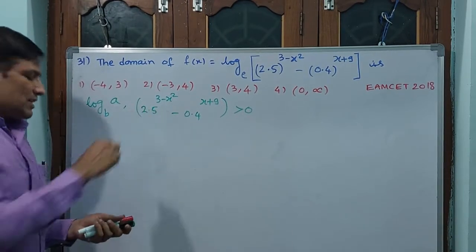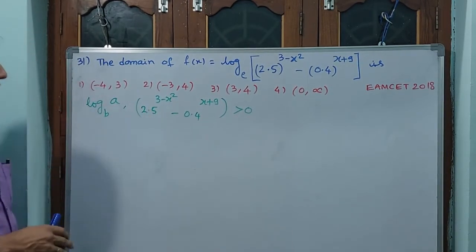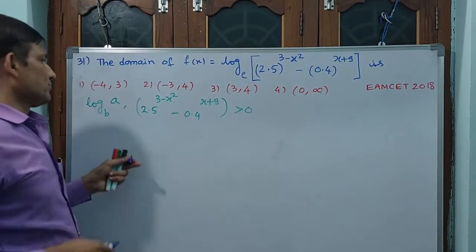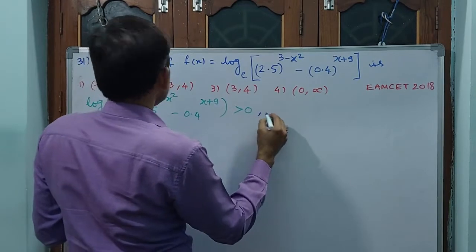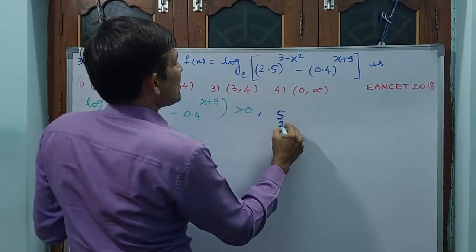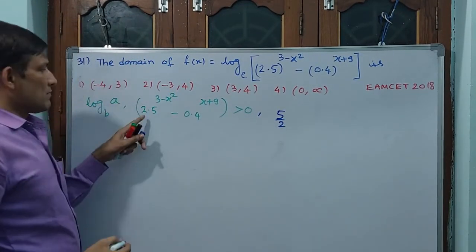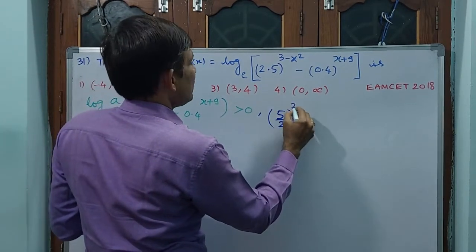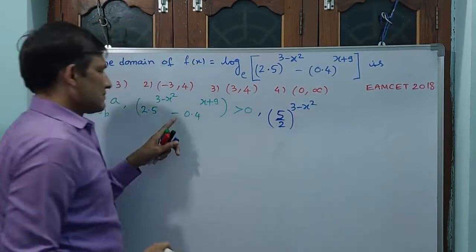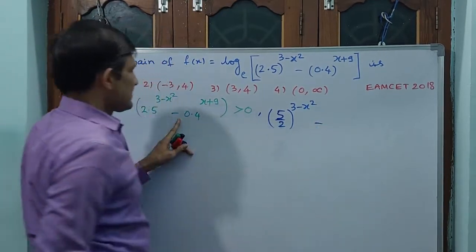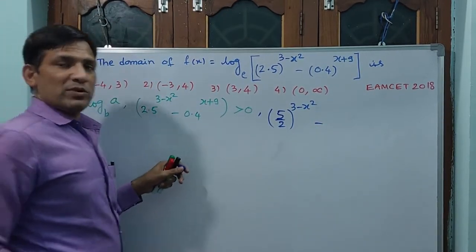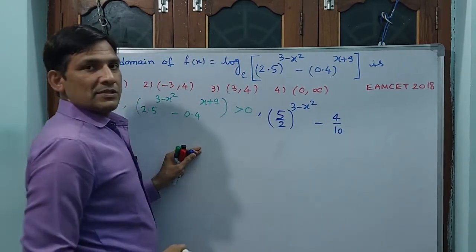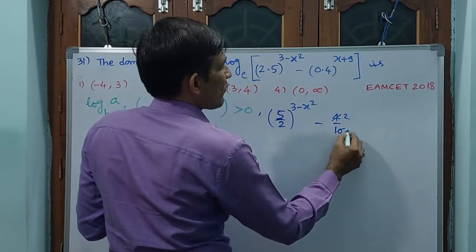Now you see, if this is greater than 0, what will happen? You see, 2.5 means what you can write? You can write like this. Shall I write 5 by 2? 5 by 2 power 3 minus x square minus 0.4 means 4 by 10. 2 2s, 2 5s.